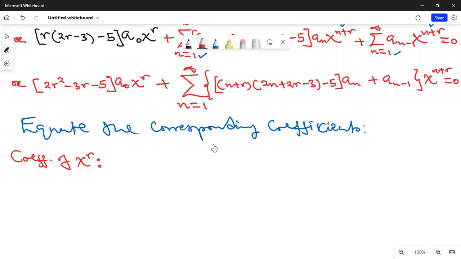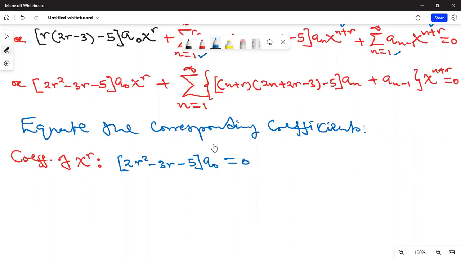What are we going to get? It will be 2r squared minus 3r minus 5. This should multiply a naught. And on the right hand side, everything is 0, so we get this to 0.